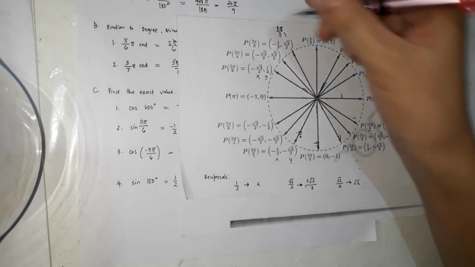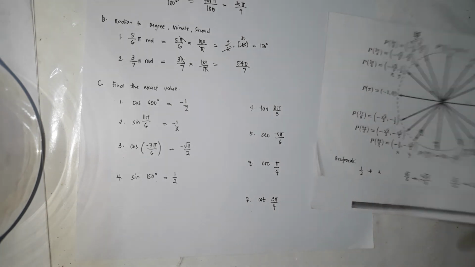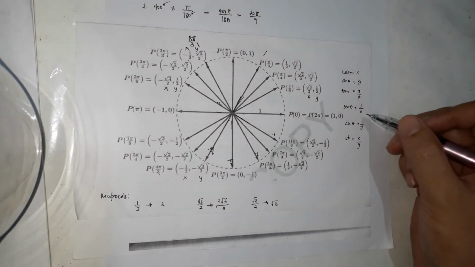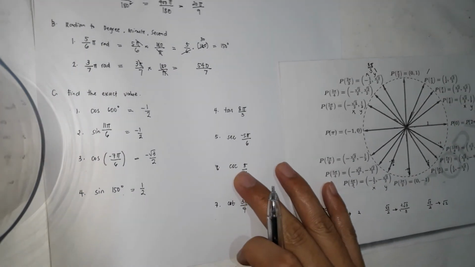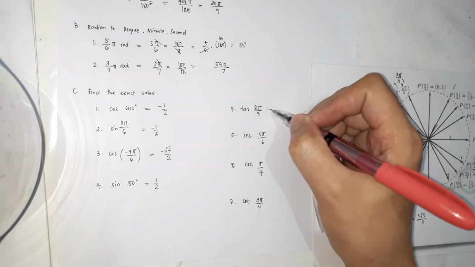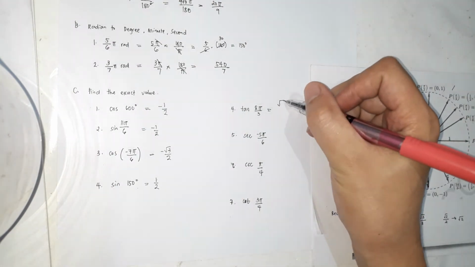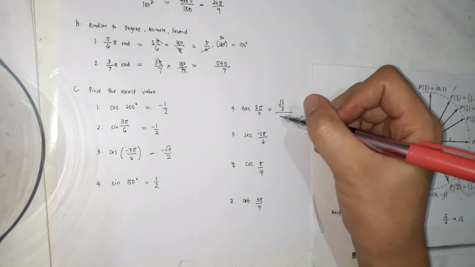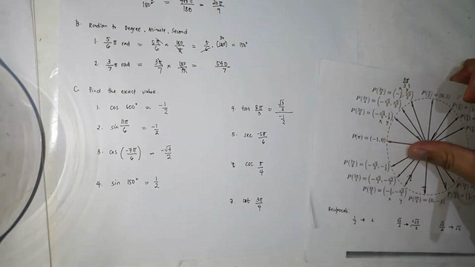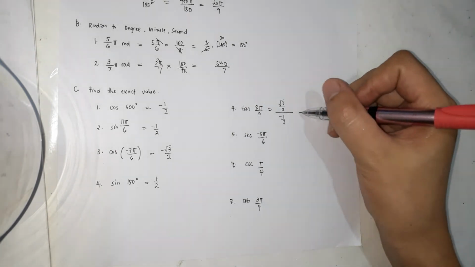So, this is x, this is y. We know the values of tangent is y over x. So, y is square root of 3 over 2 over x, it's negative 1/2. Kapag ganyan, we're going to solve it first.